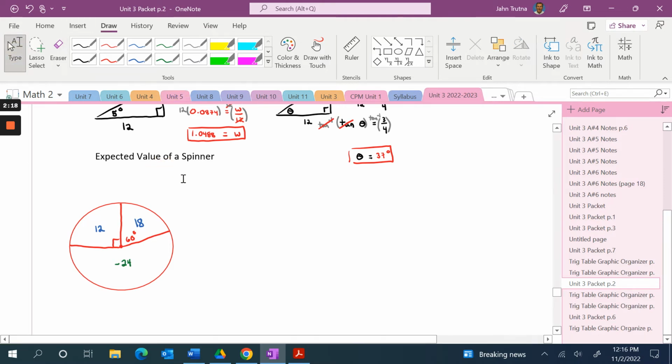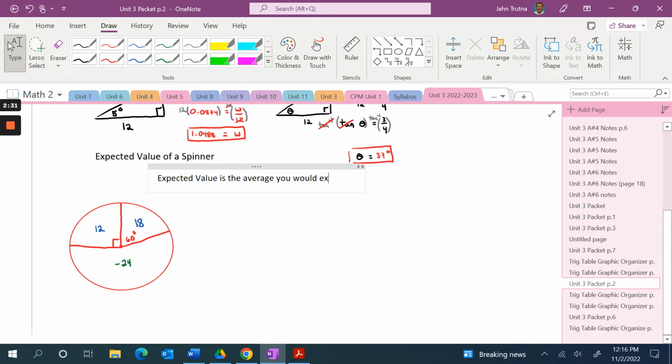Now, just to remind you, expected value is the average you would expect to get per one spin. So you think of expected value as the average.